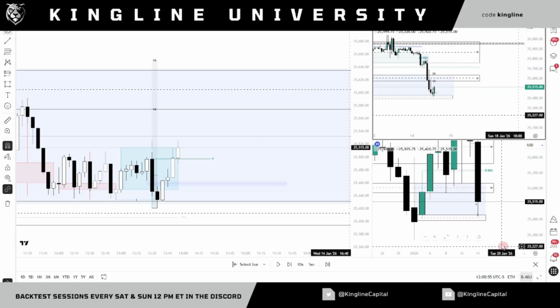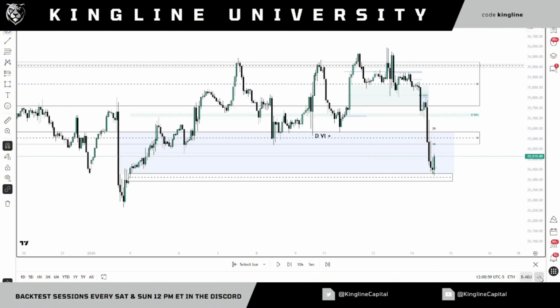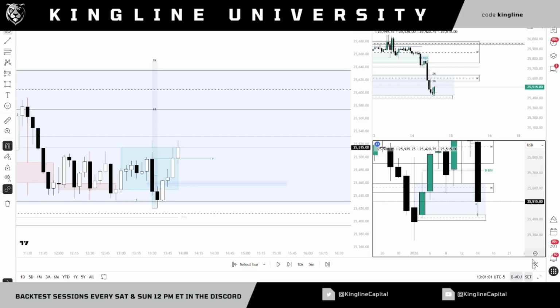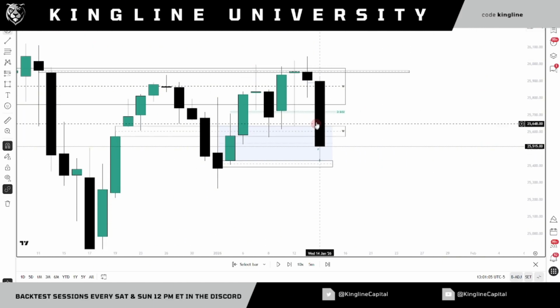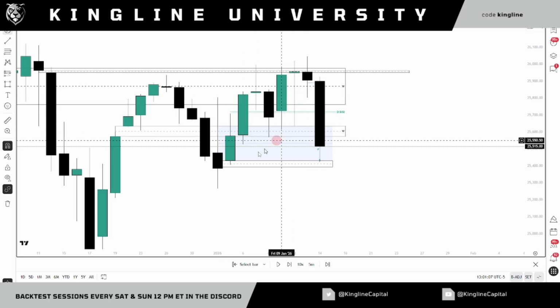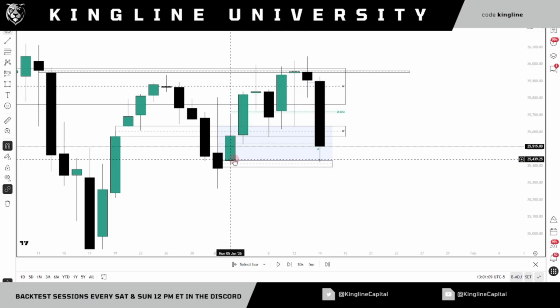And then from a daily standpoint, we've already swept major liquidity points. So on the daily, we're below X amount of daily lows. A lot of daily lows. Every single daily low in the past week, basically. This is Wednesday. This is Monday.